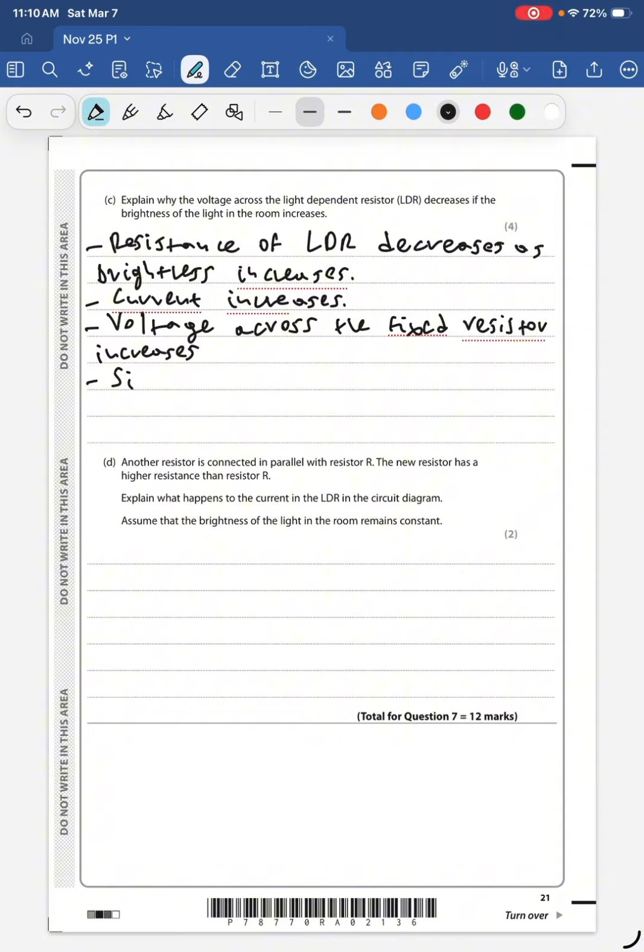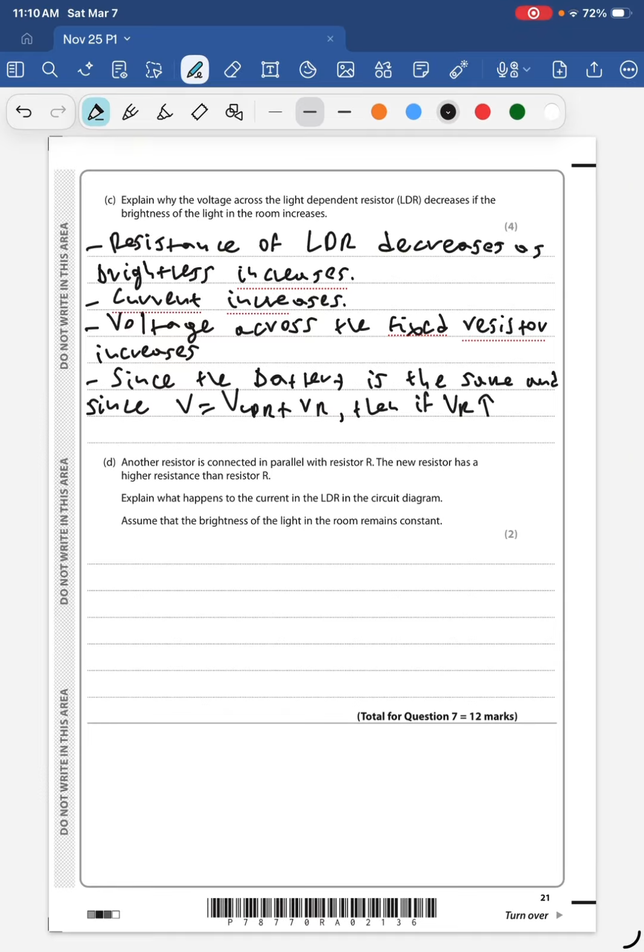Now, since the battery is the same, and since the voltage of the battery is equal to the voltage of the LDR plus the voltage of the resistor, then if VR increases, VLDR decreases so that V is constant.